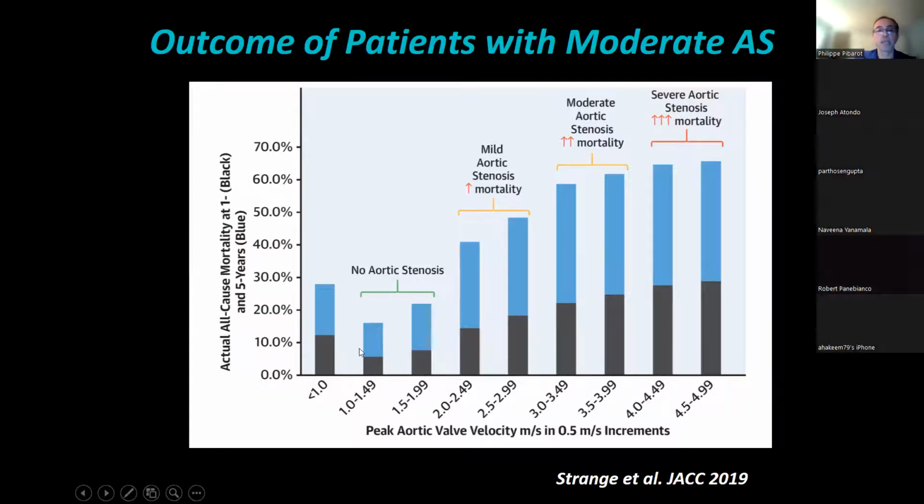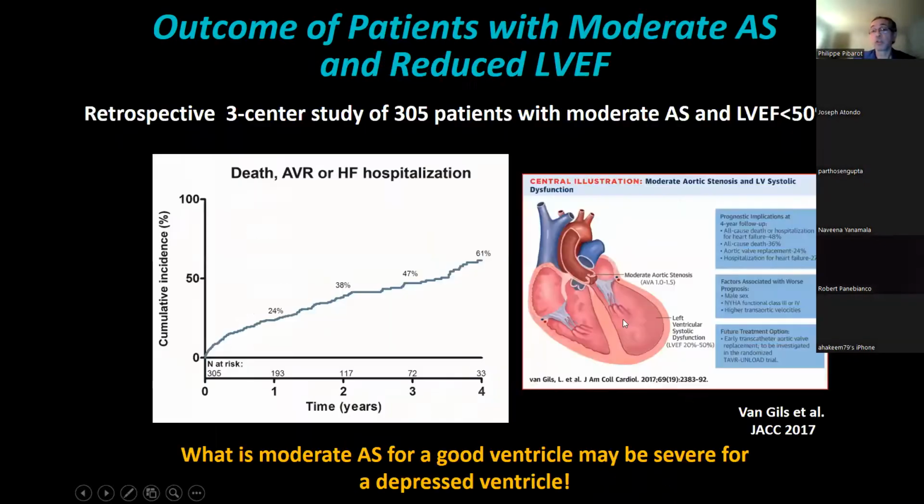The reference group is the patient with no aortic stenosis, and you see that with mild AS, you see some increase in mortality at 1 year and 5 years. But with moderate AS, the step is even more pronounced, and you see that the patient with moderate AS almost have the same risk of mortality as those with severe AS. So the prognosis of moderate AS is not benign.